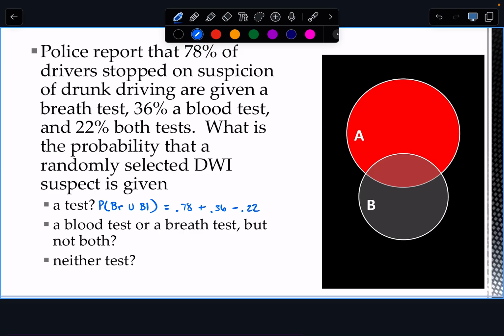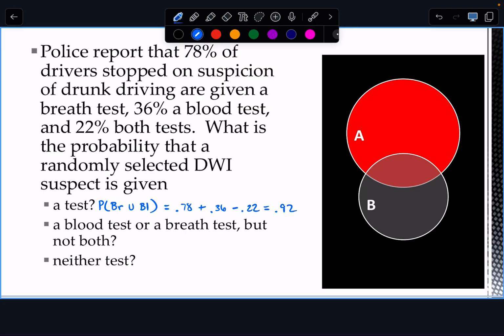If I work that out, we'd have a 92% chance of getting either test. So that particular question is not overly difficult to attack head on.